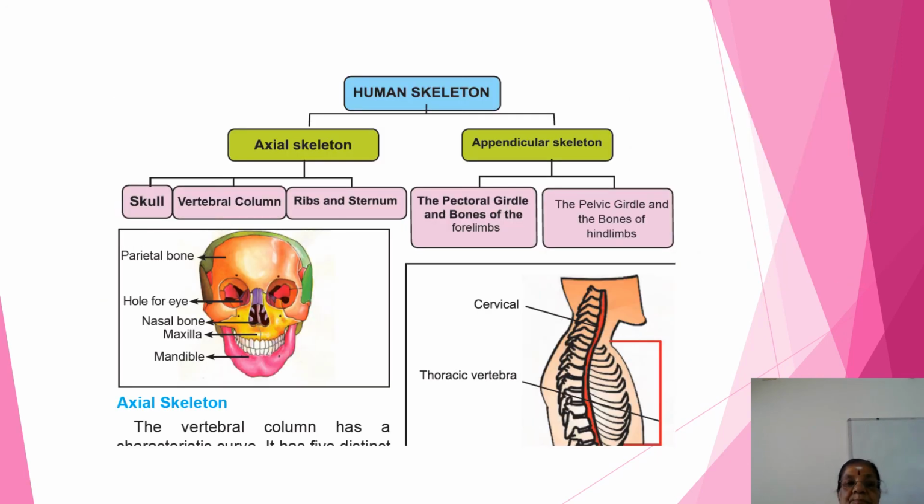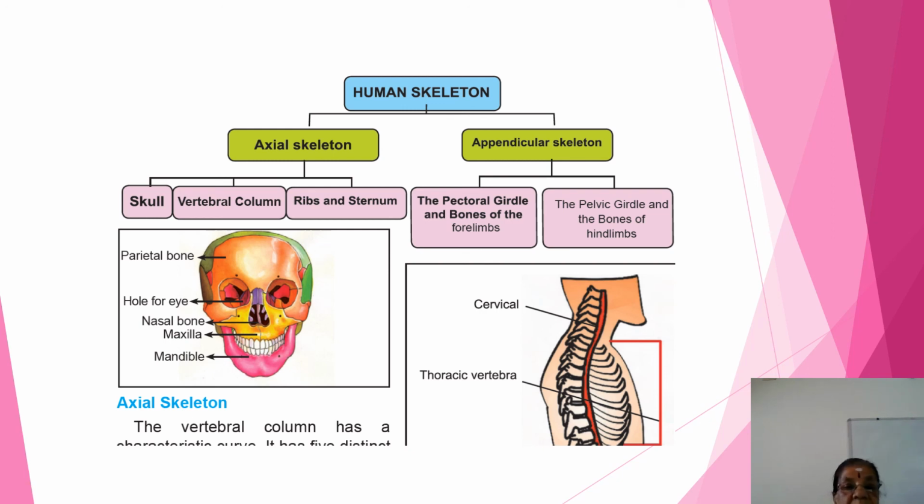The next one is the human skeletal system. Classification as axial skeleton and appendicular skeleton. We have just learned this in the beginning of the lesson, part 1. The axial skeleton is formed of skull, vertebral column, ribs and sternum.